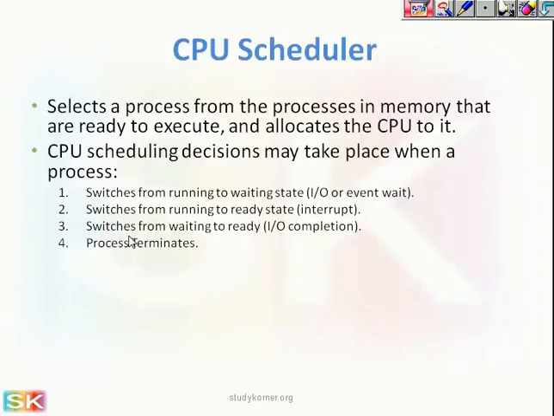And when a process terminates, CPU becomes idle. Again a new process from main memory or ready queue has to be selected by the CPU scheduler, right? So if any event happens out of 1 and 4, they will be non-preemptive, and event number 2 or 3 are preemptive events, right?